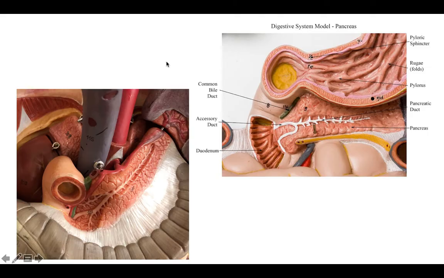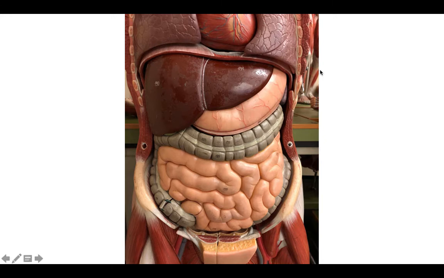So again, I'm going to move back down here and show you this briefly. Here you can see the stomach. You can see the liver, this massive accessory organ, on the right side. So the liver is in the right upper quadrant, and the stomach is in the left upper quadrant.